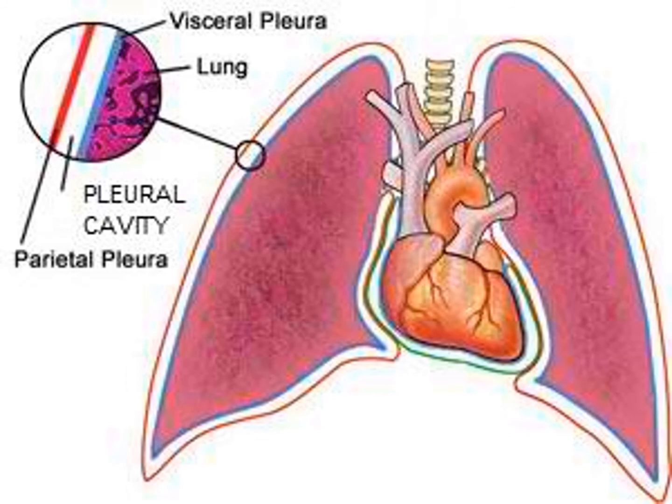This is the pleura. We have the visceral and the parietal. The visceral is inner, the parietal is outer.